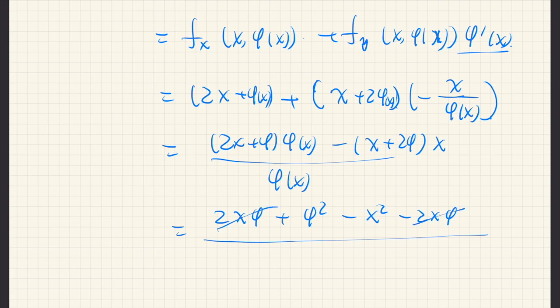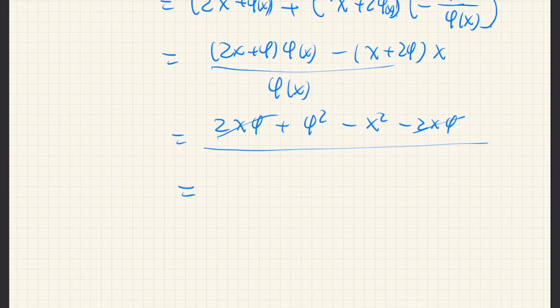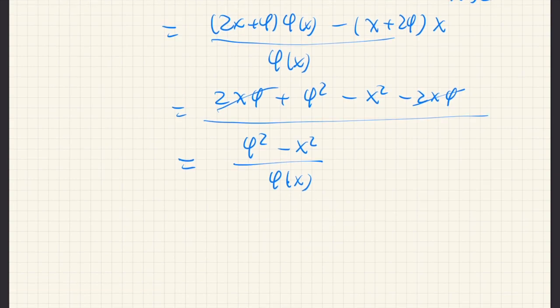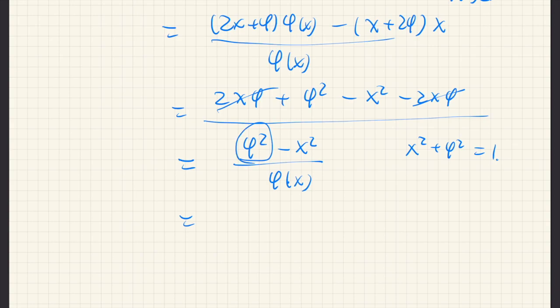So this will cancel this, and phi squared minus x squared, over phi of x. And we want to simplify a little bit more. Since x squared plus phi squared is equal to 1, we can get rid of this phi squared. So that is 1 minus x squared, so that is 1 minus 2x squared over phi of x. And of course, this is equal to 0 at extreme points.